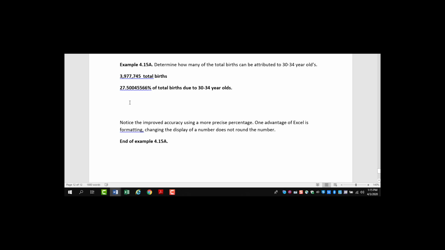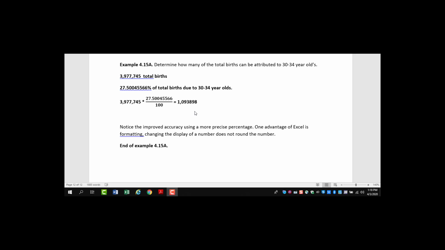So I would hit pause and think about how to do this, and then I'll put it up. So there it is. Total births, the percentage of births that were this age group, and you just find 27% of this number, and there is the number.